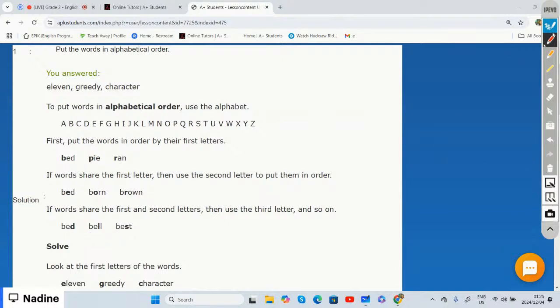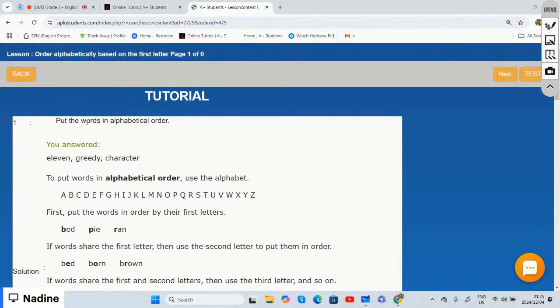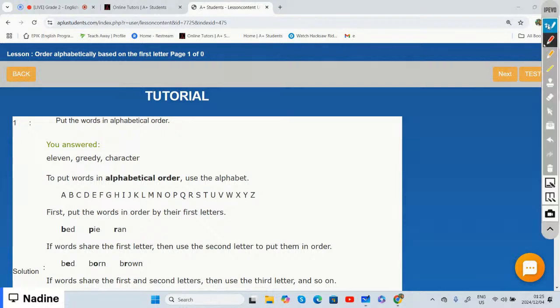All right. So now we need to put words in alphabetical order. And remember, when we put words in alphabetical order, we need to look at the alphabet. Look at the first one. We have eleven, we have greedy, and we have character. So we need to use these three words.